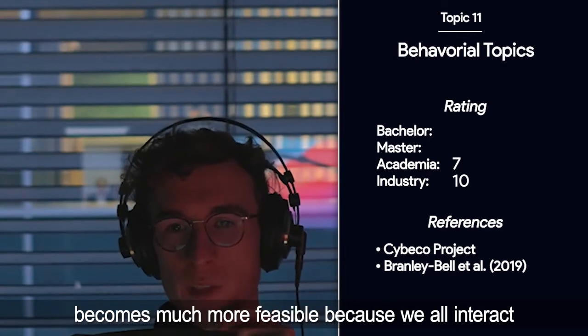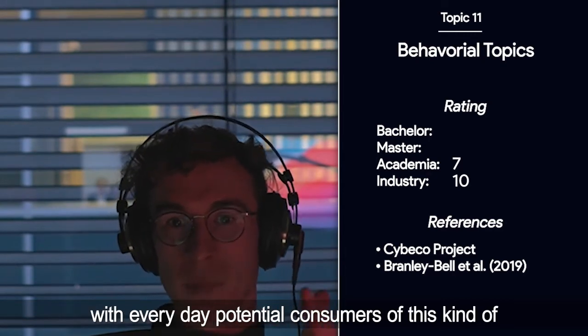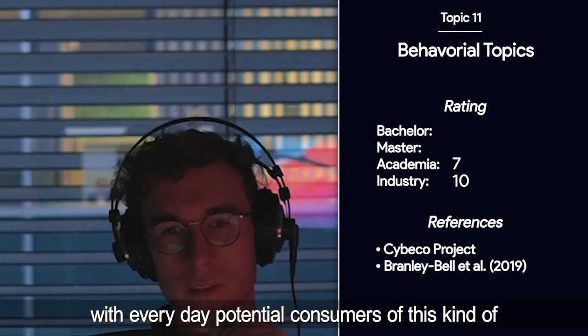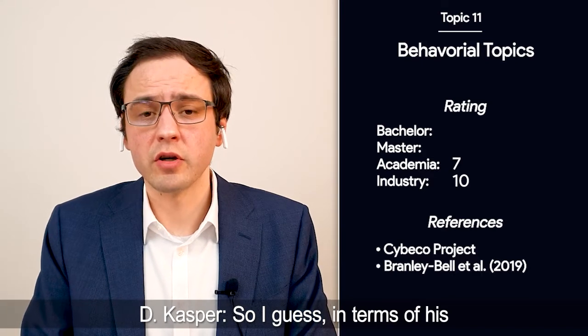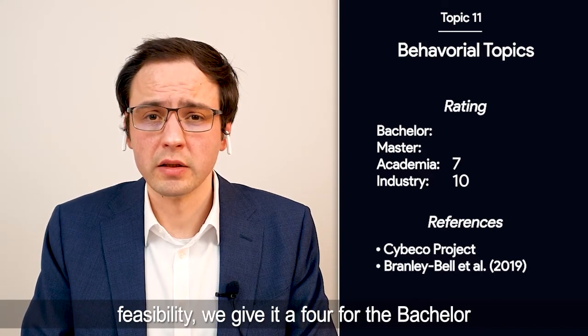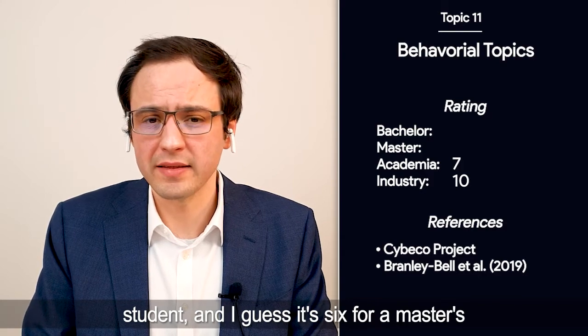There it becomes much more feasible because we all interact with every day potential consumers of this kind of cyber insurance. So I guess in terms of feasibility, we give it 4 for the bachelor student and I guess a 6 for a master student.